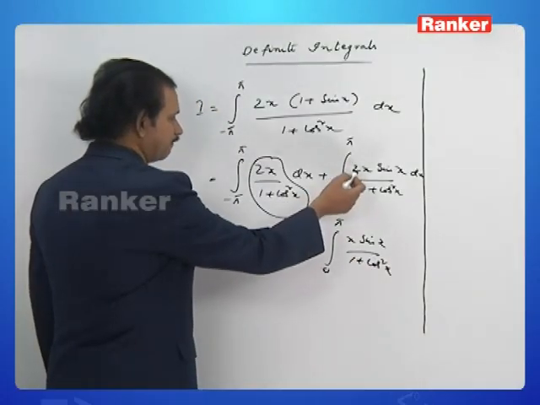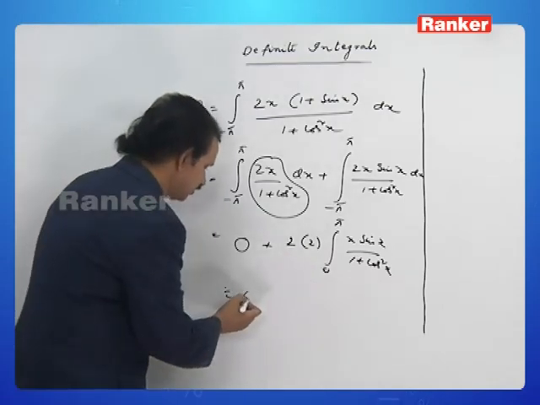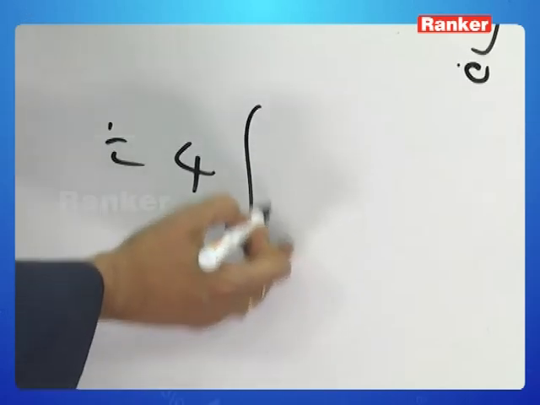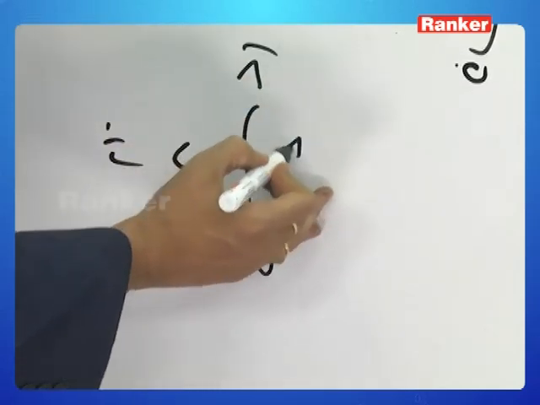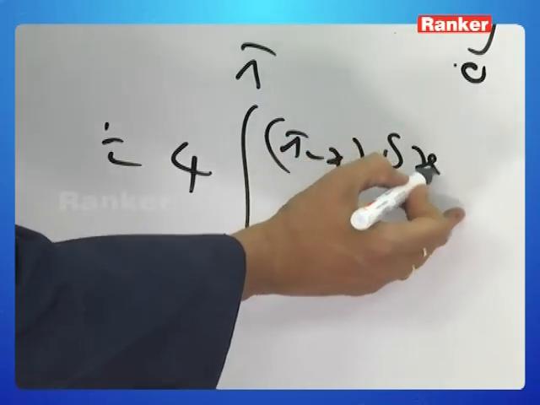This 2 is from here. This 2 is using the formula. Therefore, this is equal to 4 into the integral from 0 to pi of minus x into sine of pi minus x.